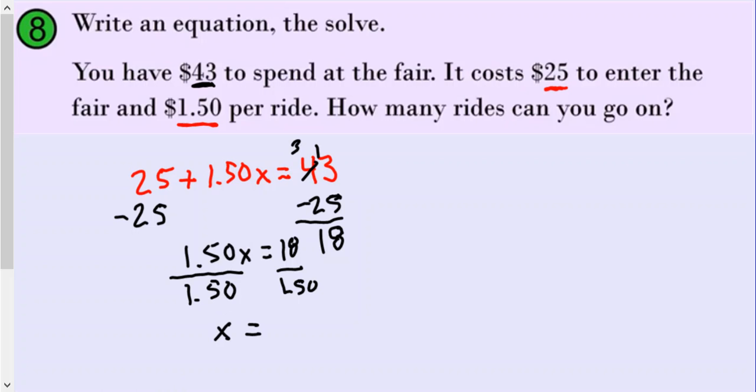Okay, so I'm going to set that up over here. We get 18 divided by 1.5. Remember, when we're dividing by a decimal, we always want to divide by a whole number. So I'm going to move this decimal over to make it 15, and there's an imaginary decimal here that I'm going to move over here. So now we have 180 divided by 15. Our decimal will be right there.